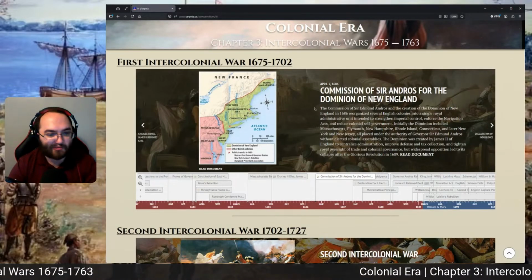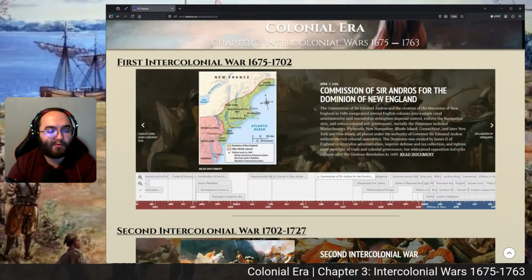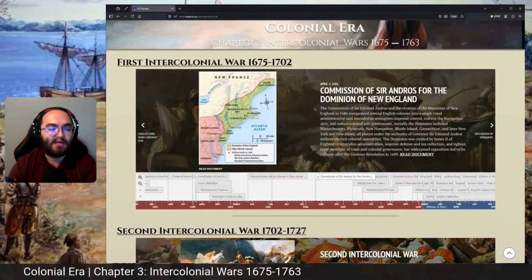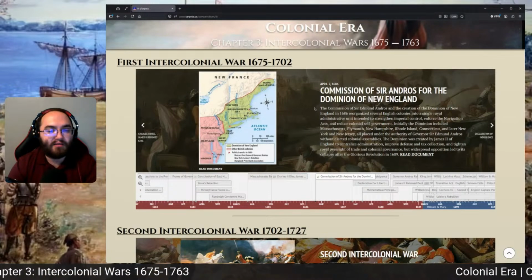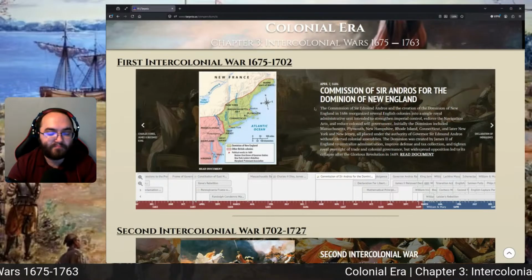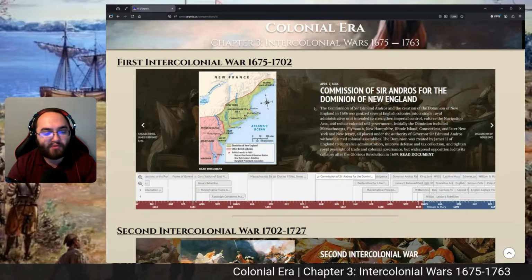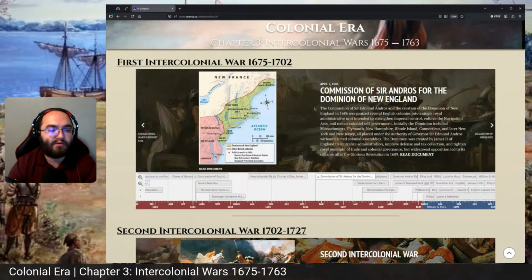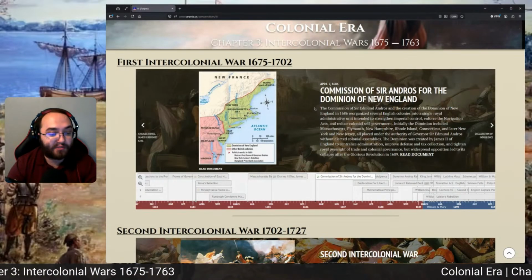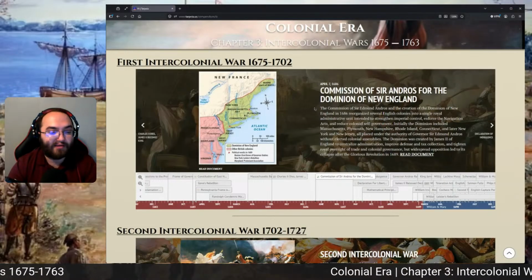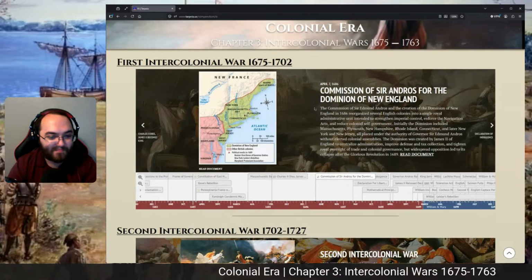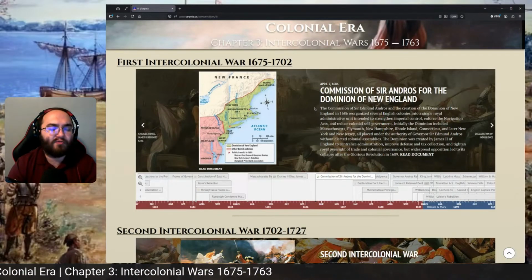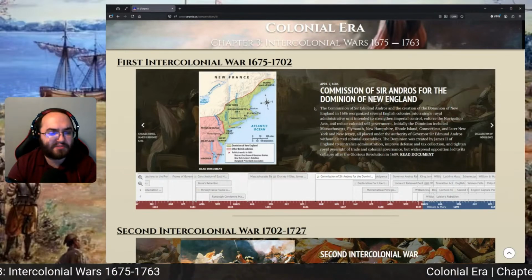And this does not last long, as the colonists themselves, at this point, even though it's only been 80 years since the founding of the first colony in 1606-07, have a strong colonial identity in each of these colonies, and especially in New England, and they especially don't like the Catholic authority of James II. So you have a religious aspect to it, you have the identity of the colonists themselves.